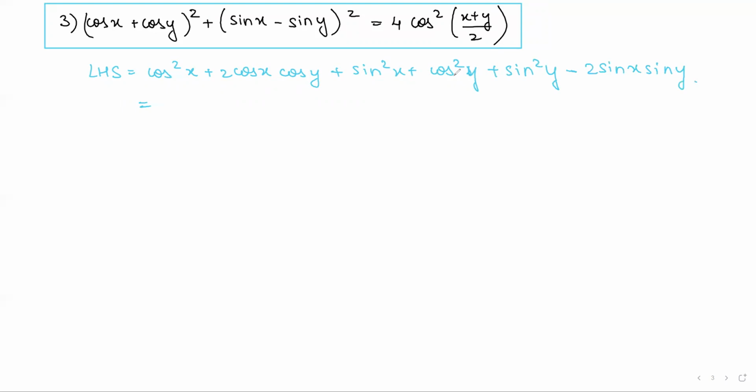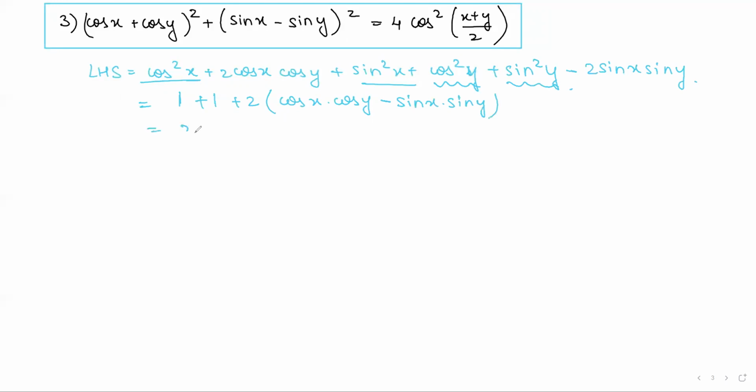Cos square x plus sin square x is 1, cos square y plus sin square y again is 1, plus 2 times common, cos x into cos y minus sin x into sin y.